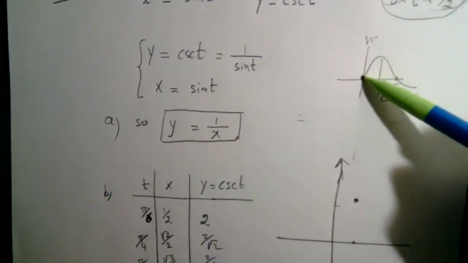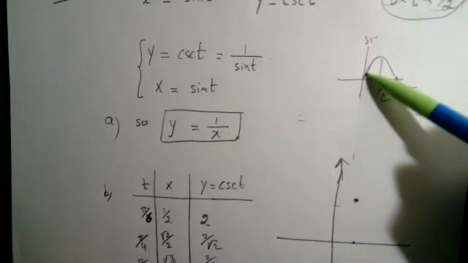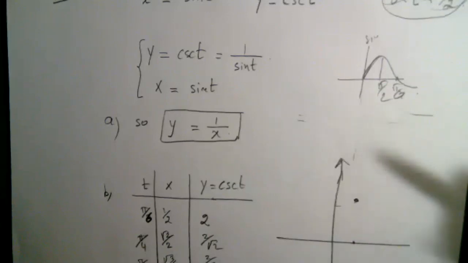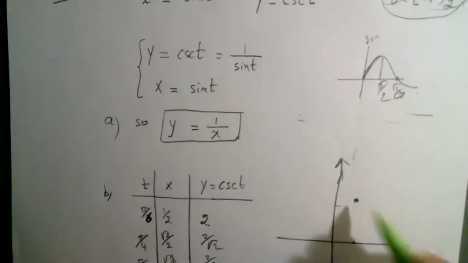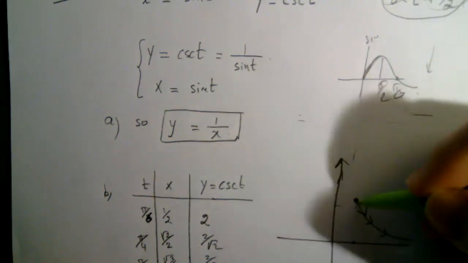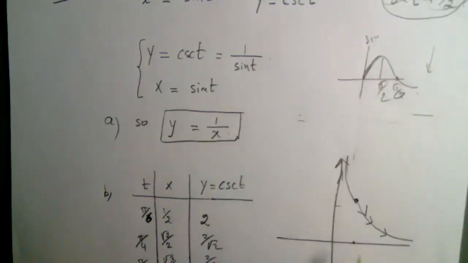So we know that the x component is increasing and the y component is decreasing. So x increases, it means we're moving to the right. The y decreases, it's moving down. So this is going to go down like that, and that's really the direction of motion. And the question is, what happens when t becomes close to 0? And what happens when t becomes close to pi over 2?